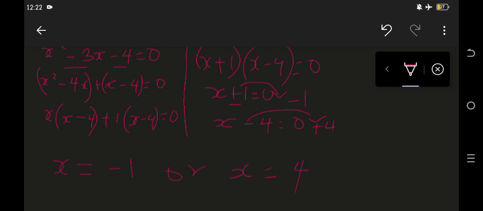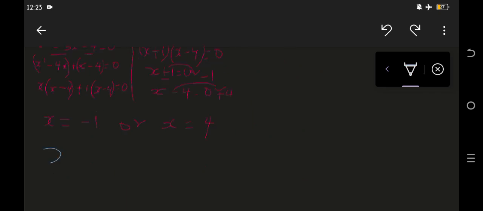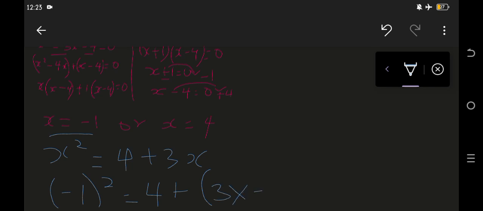Let us do something fun and try to see if our values are correct. Remember, x squared is supposed to be equal to 4 plus 3x. So let us see if this is true for the first case. x squared, that is -1 squared, is equal to 4 plus 3 times -1.